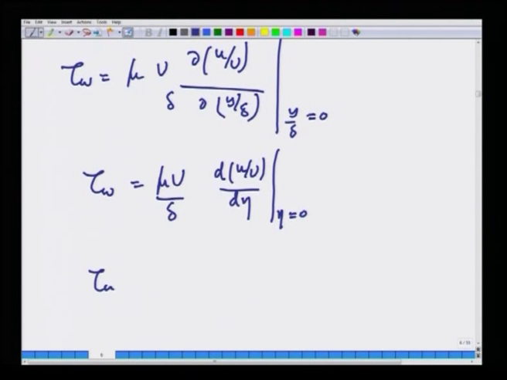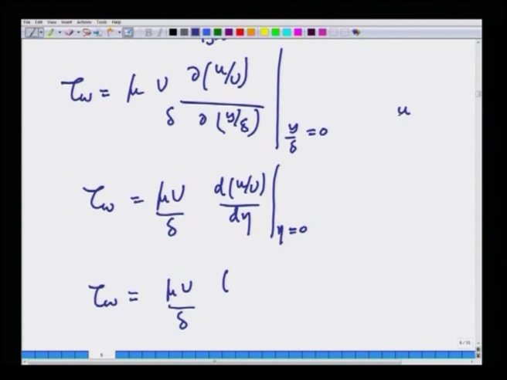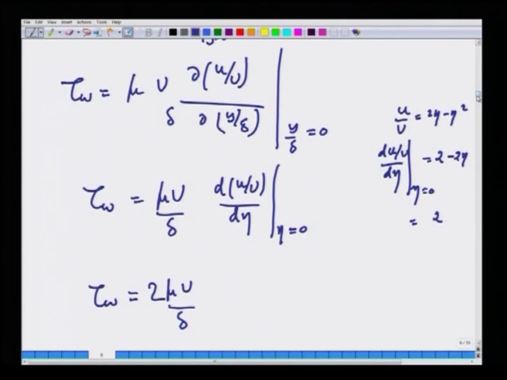You have to take the derivative of 2 eta minus eta squared: d of u by U divided by d eta is nothing but 2 minus 2 eta. If we evaluate it at eta equal to 0, this becomes simply 2. So, we will get the answer 2 mu U by delta, that is the shear stress.